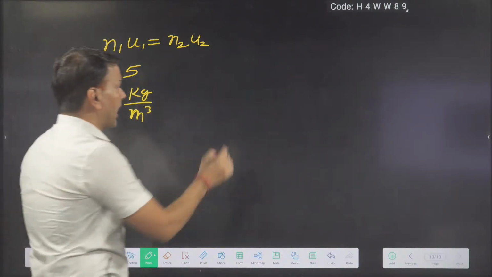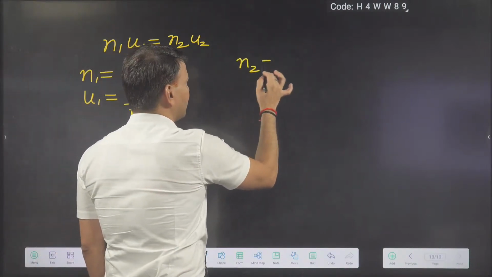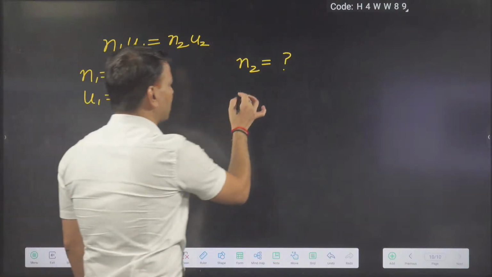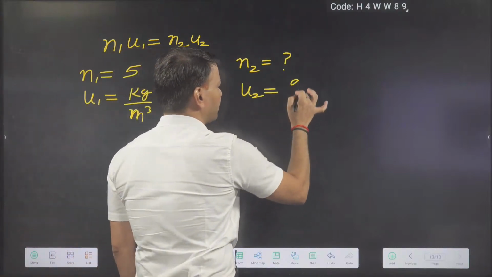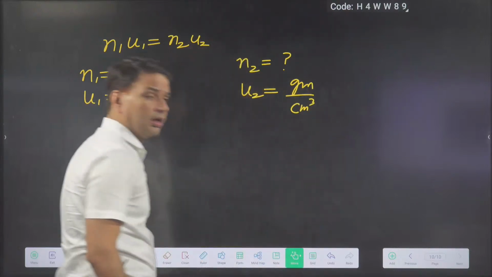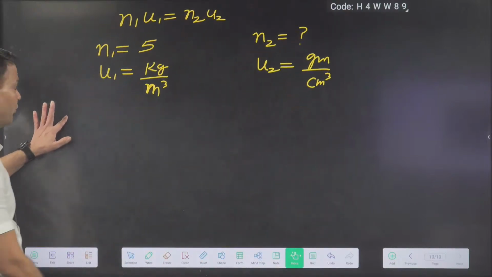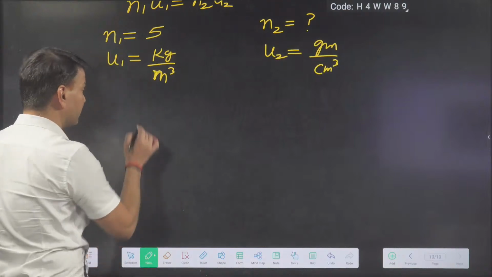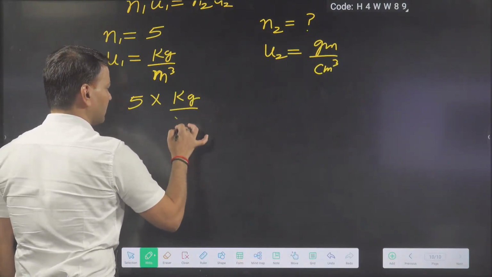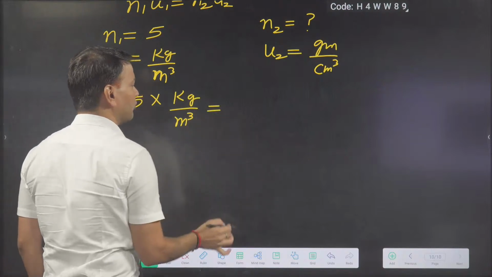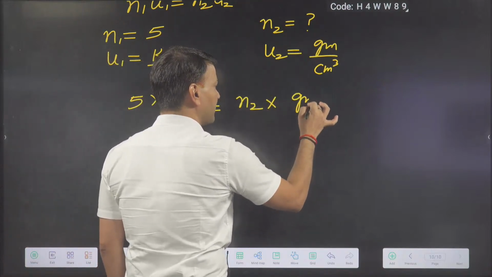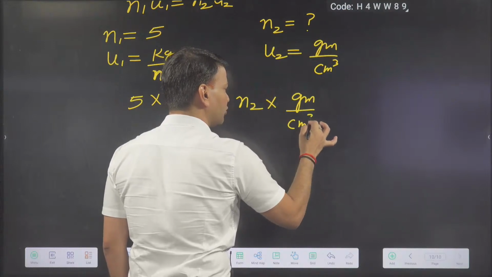N2 I don't know, N2 we have to find. And U2 is equal to gram per centimeter cube. Now I will use N1 U1 is equal to N2 U2, so 5 into kg upon meter cube is equal to N2 into gram per centimeter cube.